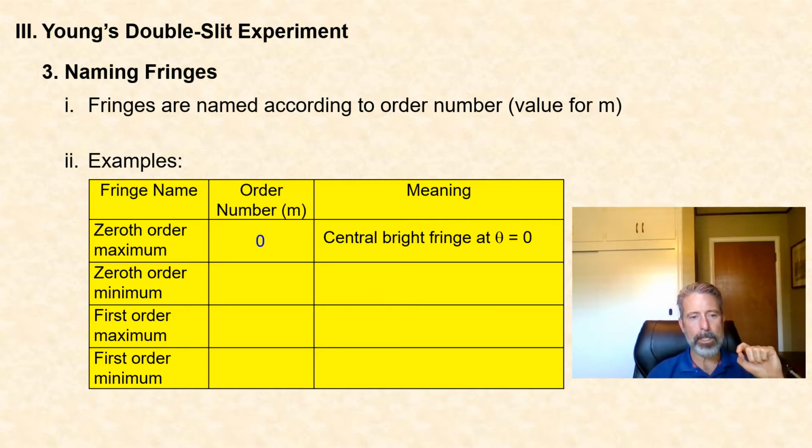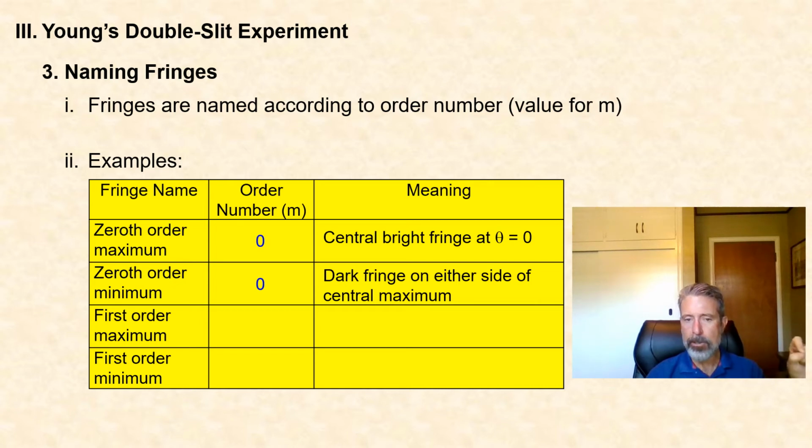The zero order minimum corresponds to a value of m equals 0 as well, and this gives us the dark fringe on either side of the central maximum. So remember that from our viewing screen, we really get two dark fringes with the same angular separation, one on each side of that central bright fringe.